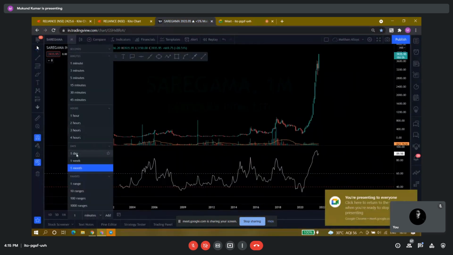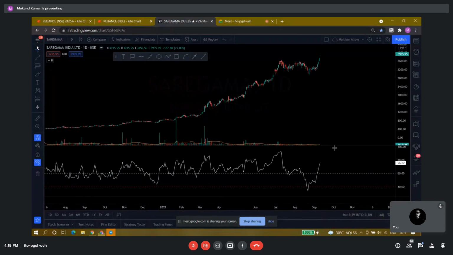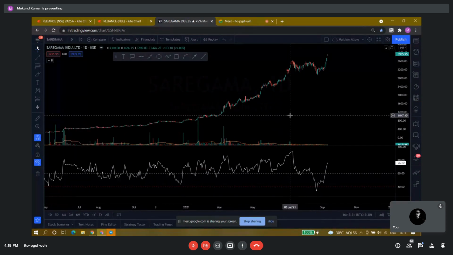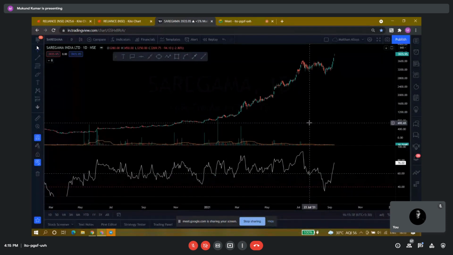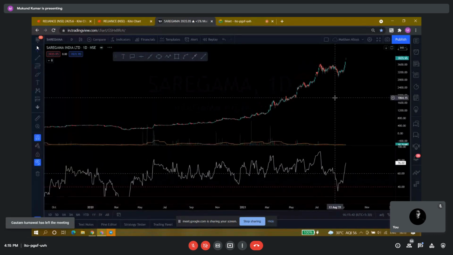For finding these multi-bagger stocks, we should do fundamental analysis also? Obviously, without the fundamentals, you won't be able to find a multi-bagger stock. However, there are technical experts, chartists, who can find multi-baggers from charts as well.